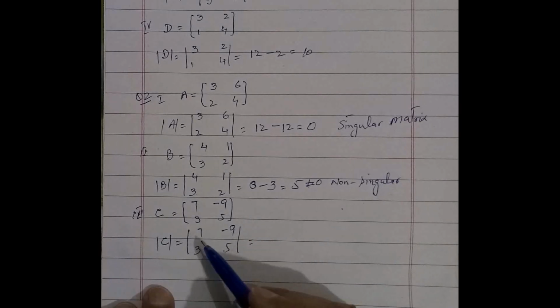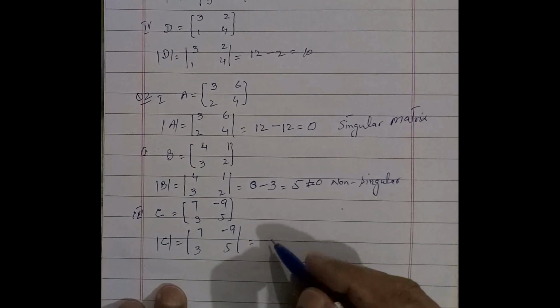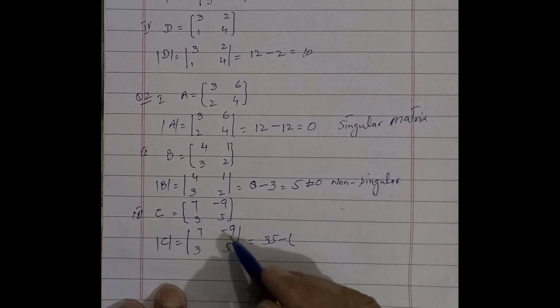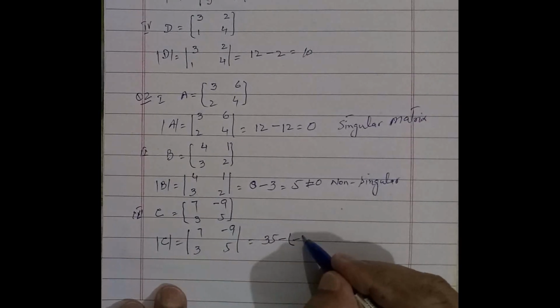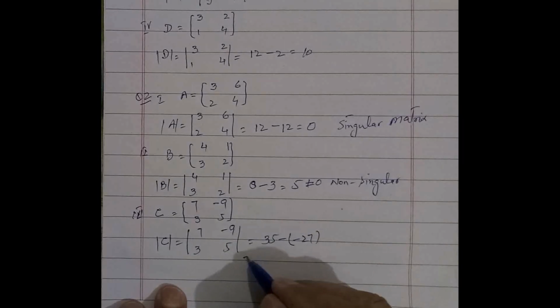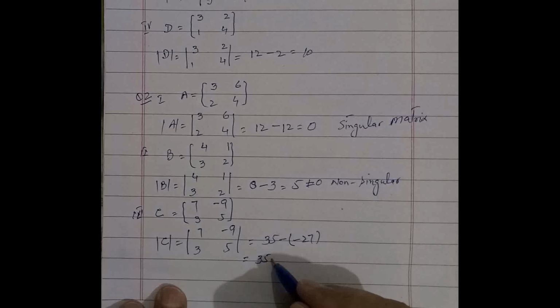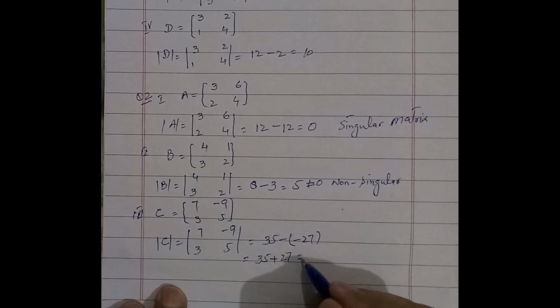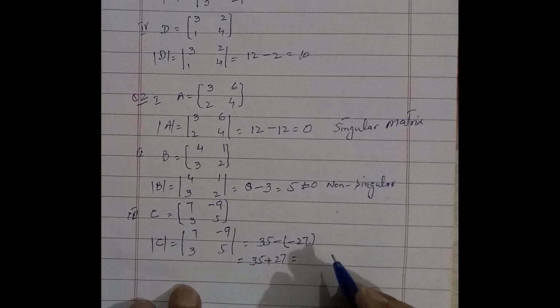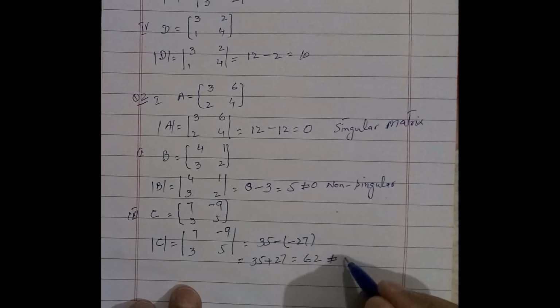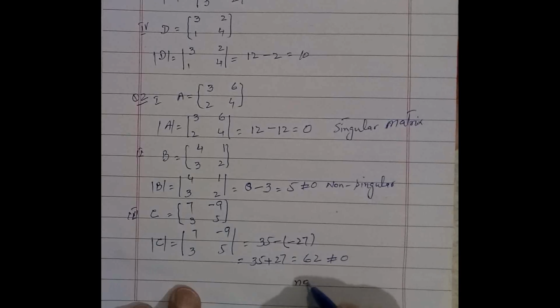Now we multiply. 7 multiplied by 5 is equal to 35, minus 3 multiplied by minus 9 is equal to minus 27. Now we solve it: 35, this minus multiplied by minus is equal to plus 27, which is equal to 62, which is not equal to 0. So C is non-singular.